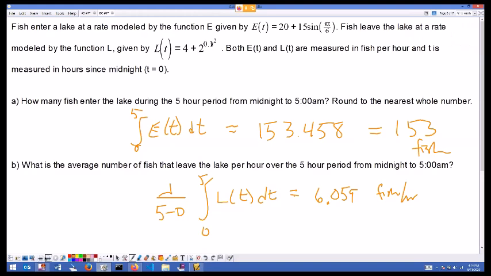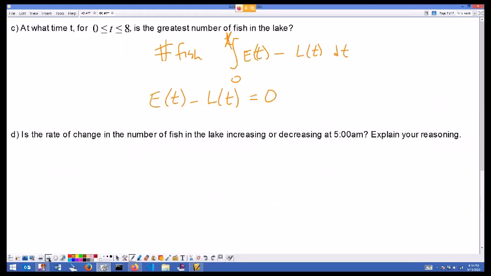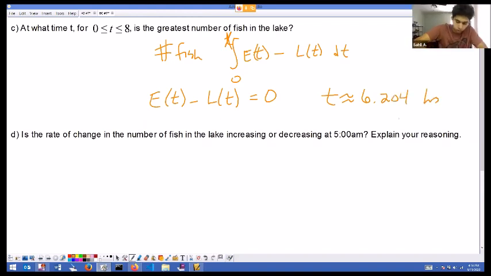No, the question specifically asks for at what time is the number of fish in the lake the greatest, and that for me came out to be t equals 6.204 hours. Okay, I got 6.05904. You typed something in wrong. Or wait, no, that was the wrong problem. Yeah, never mind. Perfect. Yeah, 6.204.